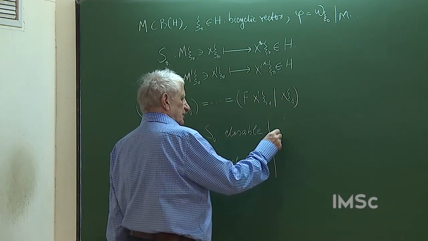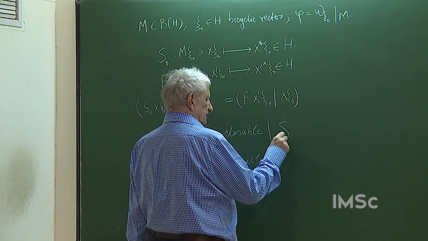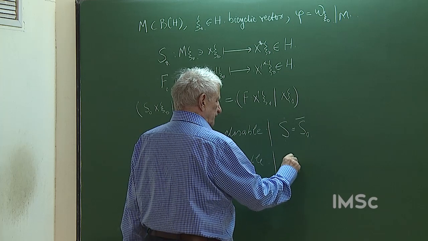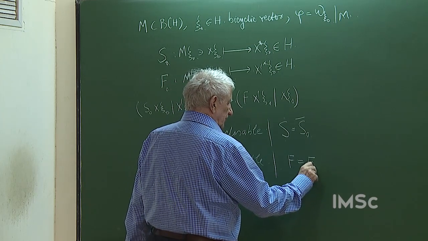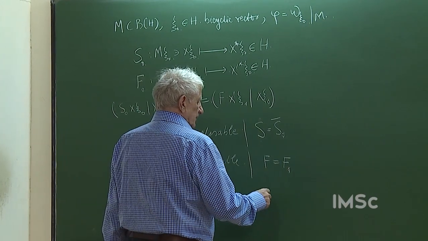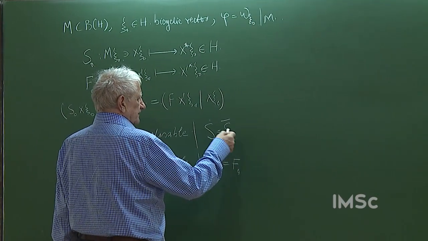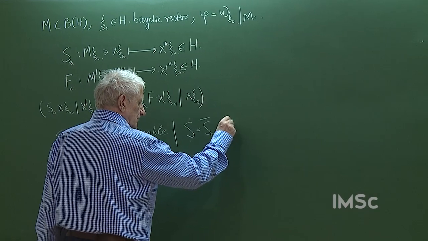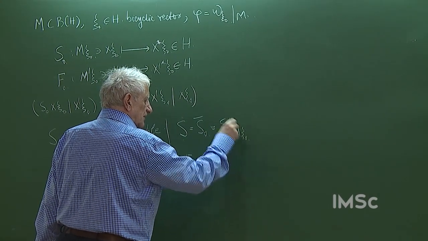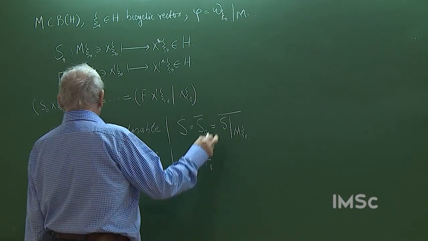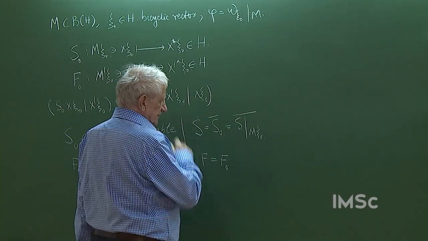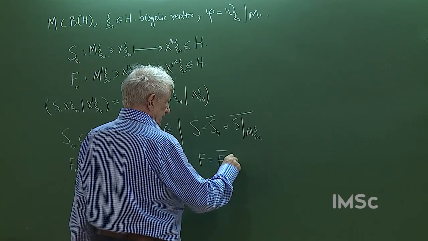We denote by S the closure of S₀ and by F the closure of F₀, and we still have these relations, so that we can say S is equal to its restriction to Mψ₀, closed, and on Mψ₀ it acts like this.